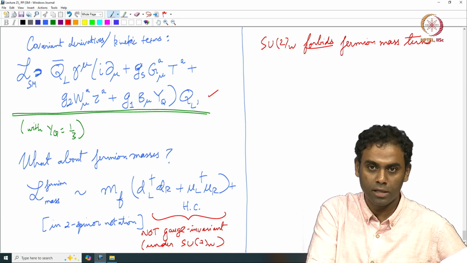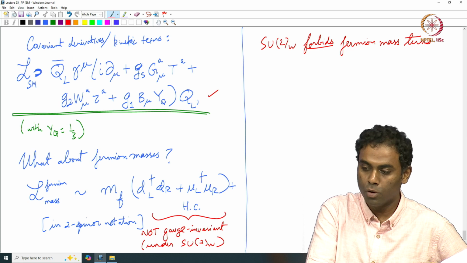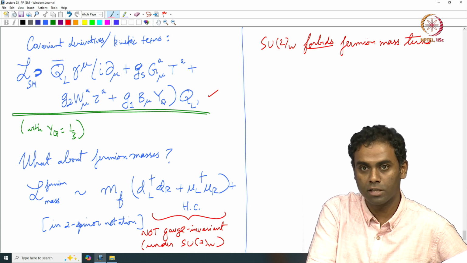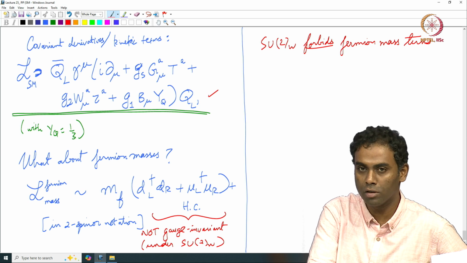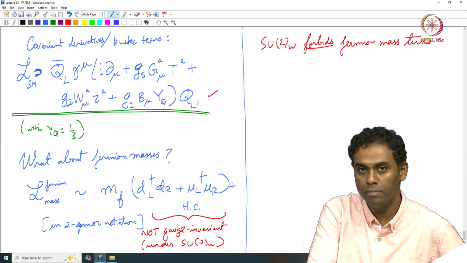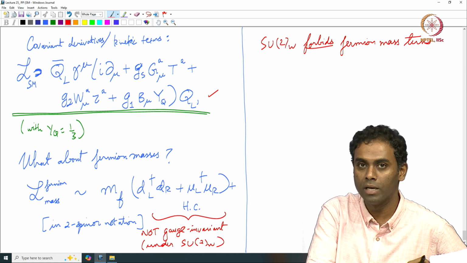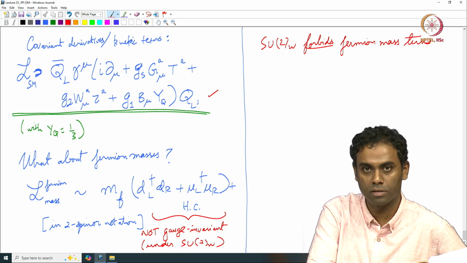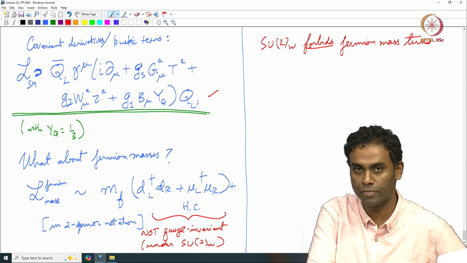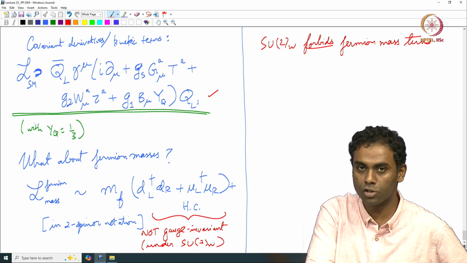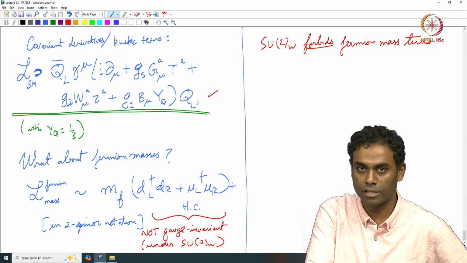Okay, and in the next lecture we will see how even the gauge bosons are massless at this point. That is also imposed by gauge invariance. We already saw this when we did QED, but we will see this in more detail, and from there we will see how really we can actually give masses to all these fields, the gauge bosons and the fermions. Okay, something intricate is going on here, right? All right, so I will stop here. We will take this up in the next lecture. Thanks.